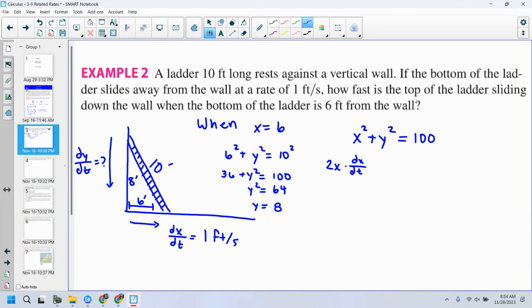Right? 2x x prime or 2x dx dt. Plus, same thing with y. 2y y prime or 2y dy dt. Now, what's it going to equal on the other side? What's the derivative of 100? 0.